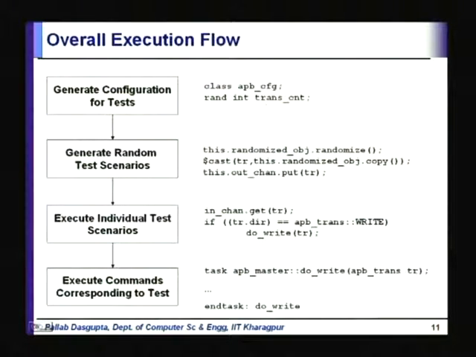Now this layer is going to read the trans count from the channel and then generate one after the other that many number of transactions. For randomly generating a transaction, it is going to randomize the transaction object. So for every transaction, what are the things that we need?